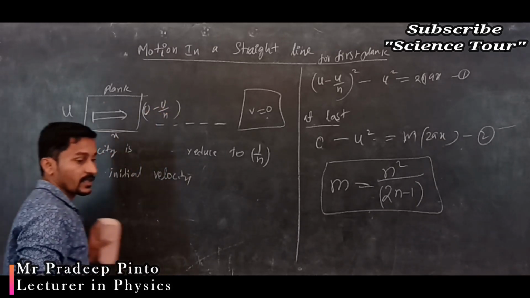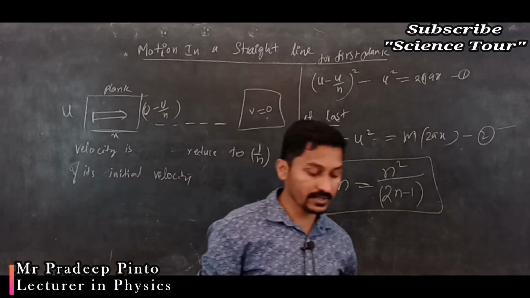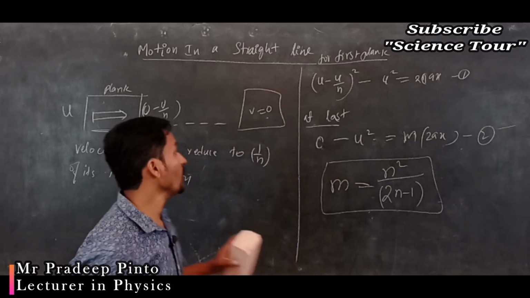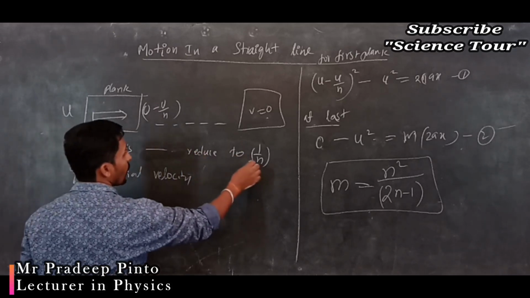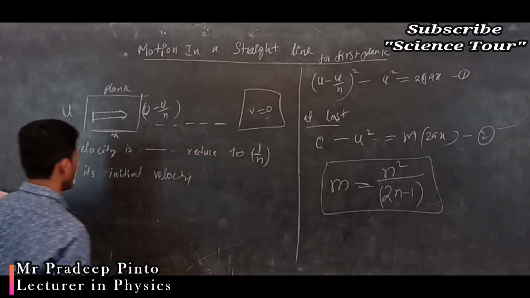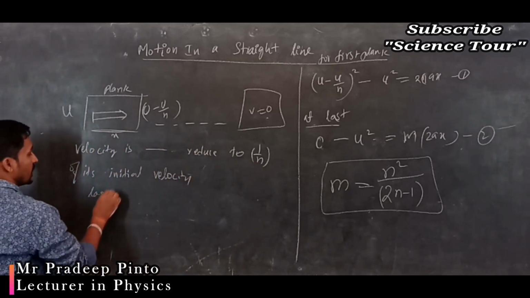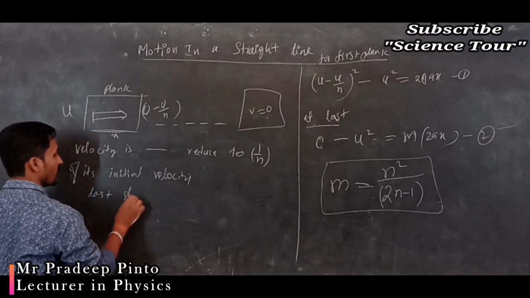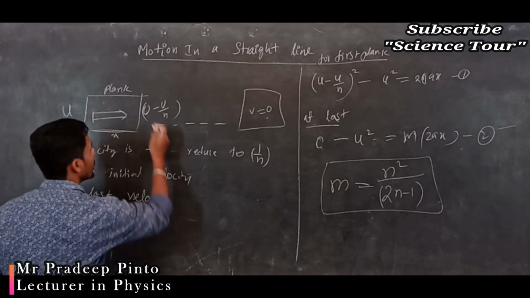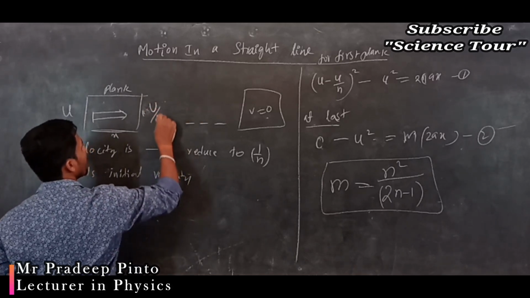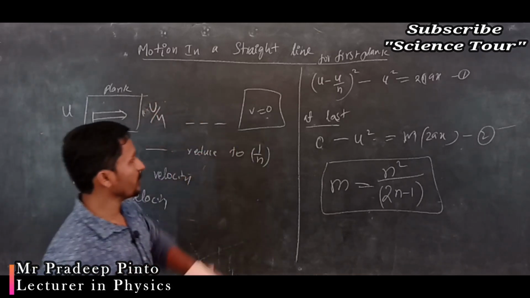Here, every plank it travels means the velocity reduces to 1 by n of its initial velocity, so the next velocity is u by n. Finally it is going to become 0.